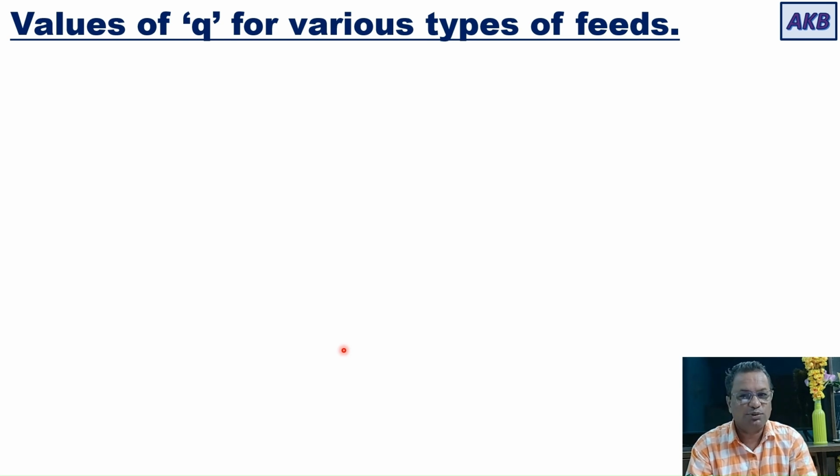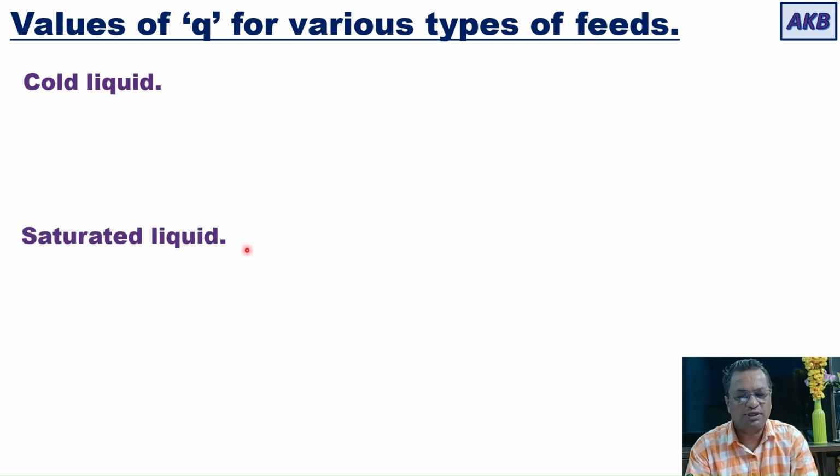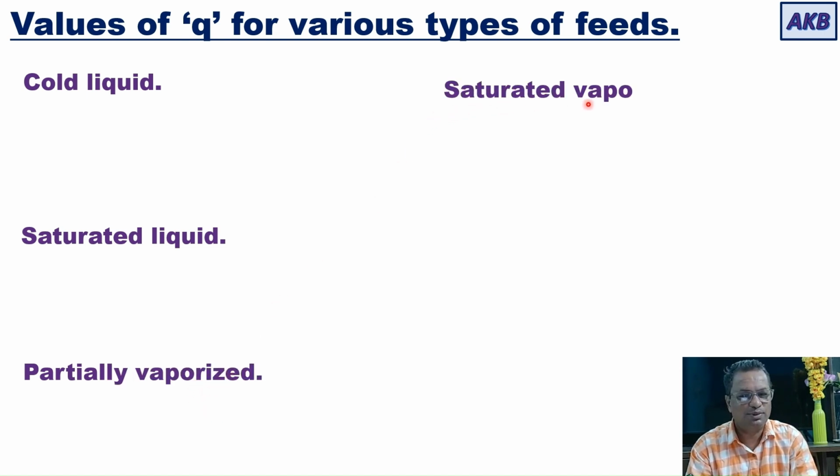I have talked about it in my earlier videos. This is just a simple, small revision of that. So let us first list the types of feed to a typical tray column. One type is the feed could be a cooled liquid, then it could be a saturated liquid, or it could be a partially vaporized feed, or it could be saturated vapor, or it could be superheated vapor.